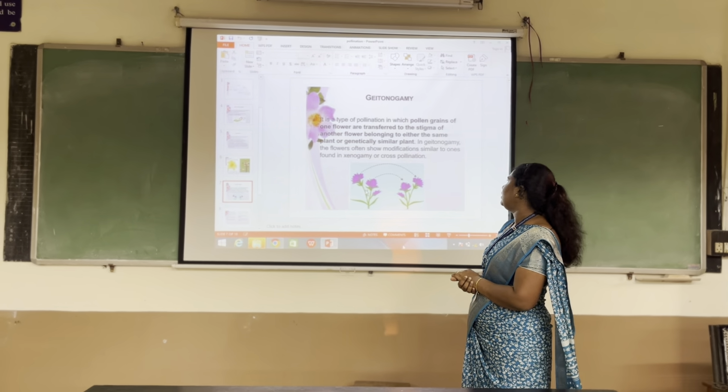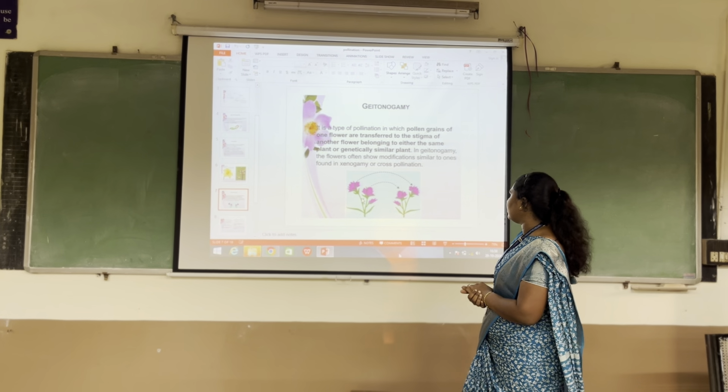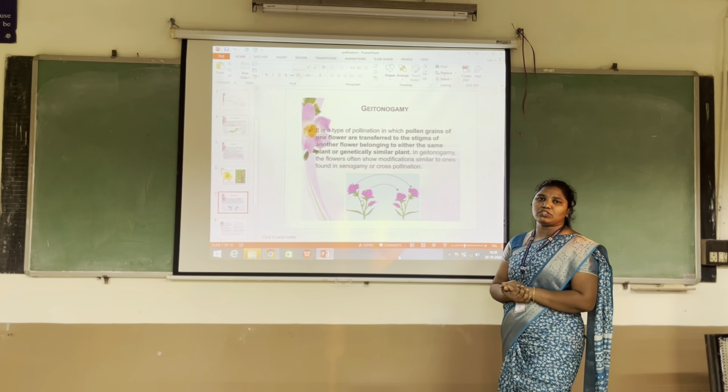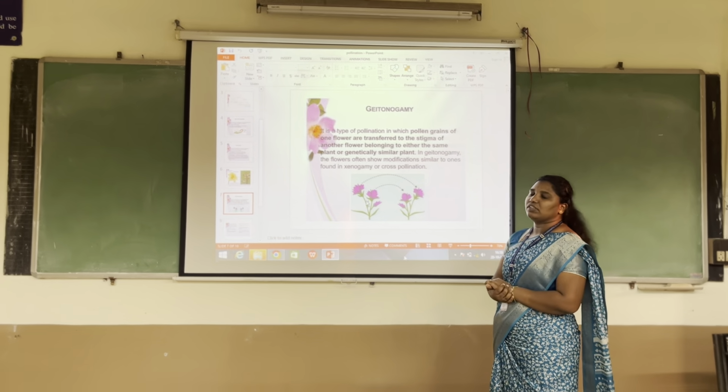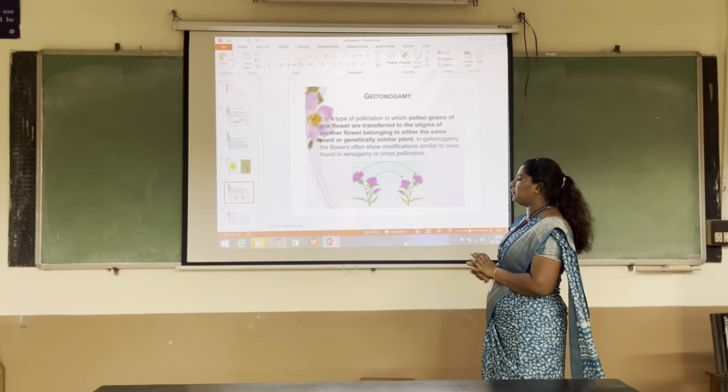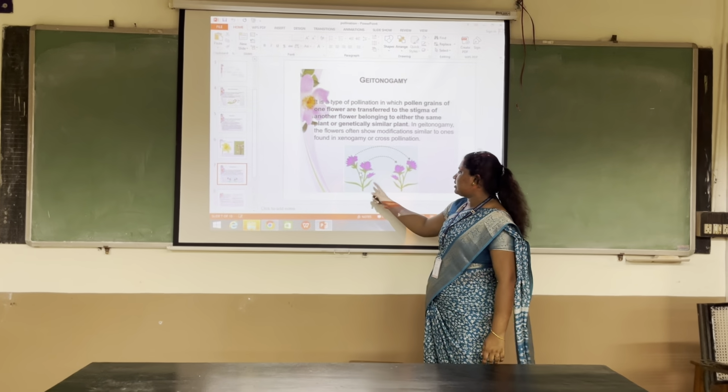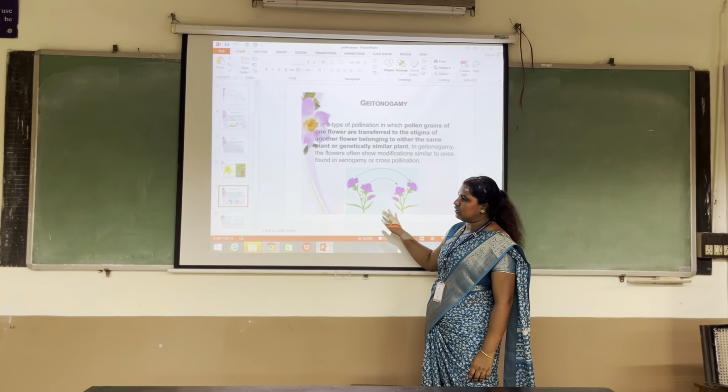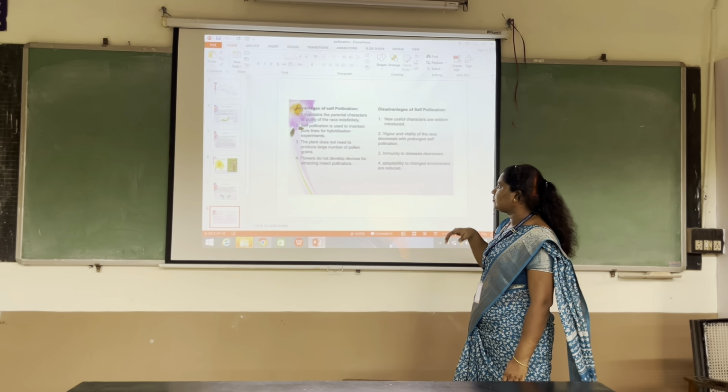In geitonogamy, the flowers often show modifications similar to those found in xenogamy, or cross-pollination. These are two different flowers present on the same plant.